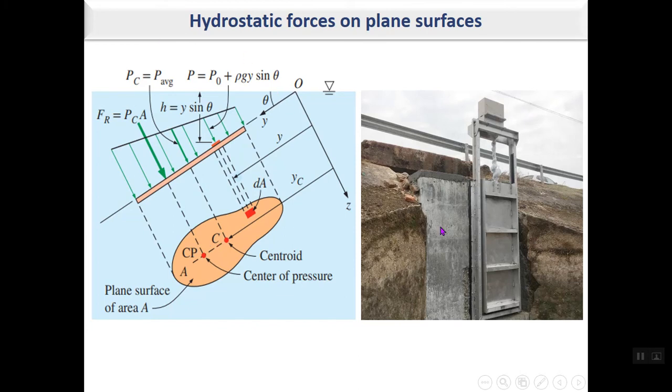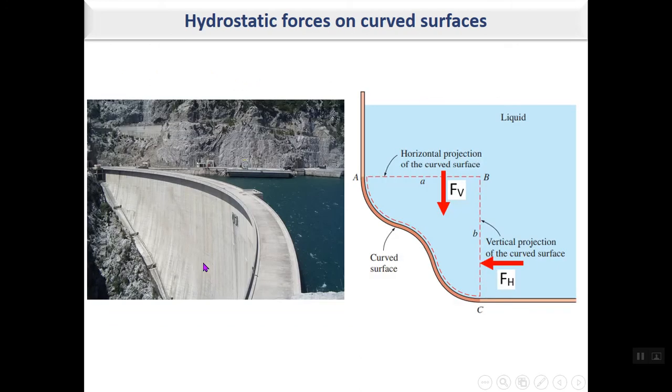So for the sloped plane surface, where vertical is also a special case of a sloped, the center of pressure is at a point below the centroid. If the surface is curved like the one you can see here, then there are two force components.